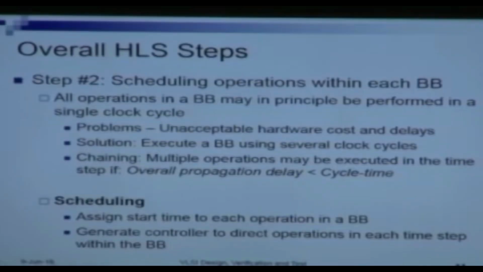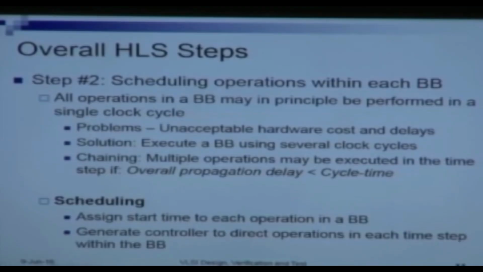Right. Now, because there are only combinational components inside a basic block, we can understand that all operations within a basic block in principle can be performed within a single clock cycle. Why?